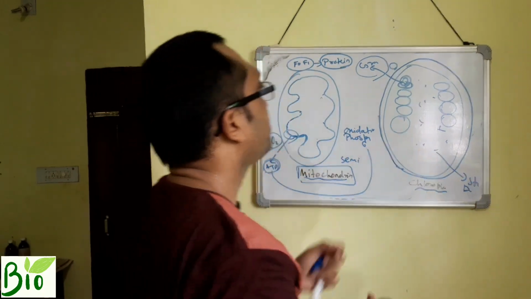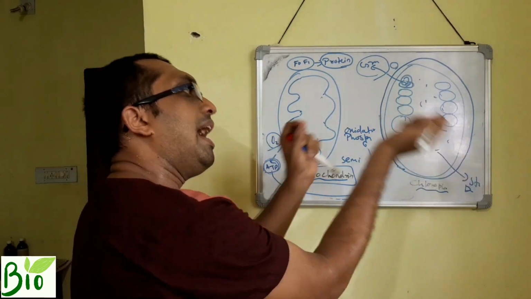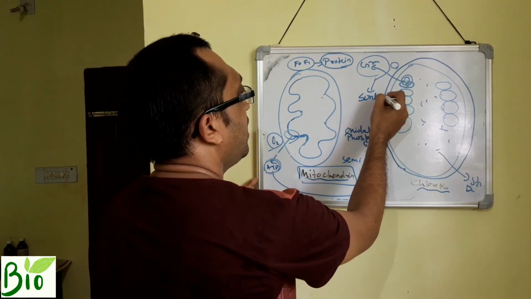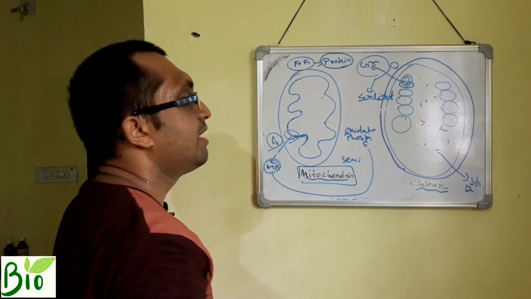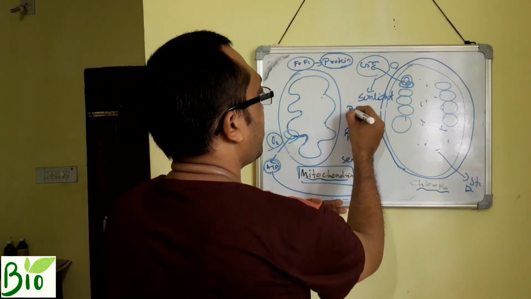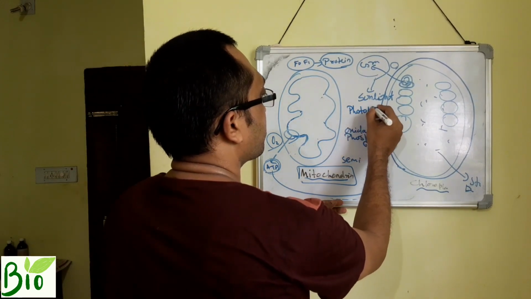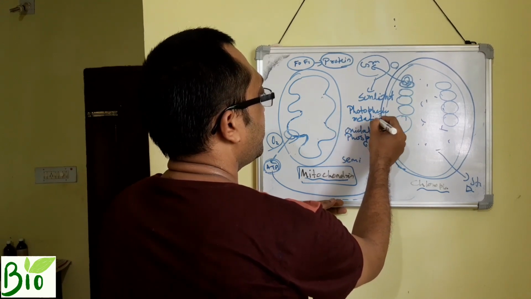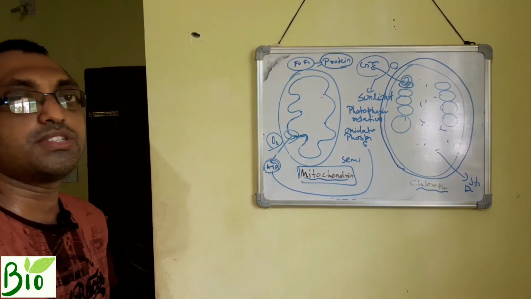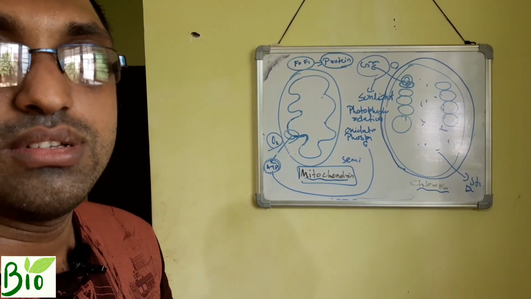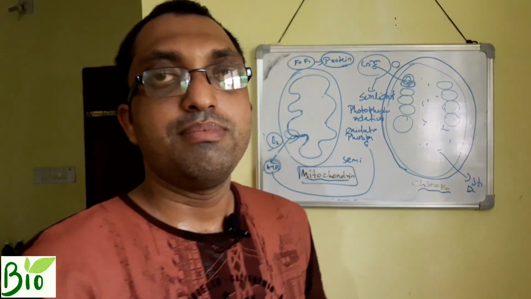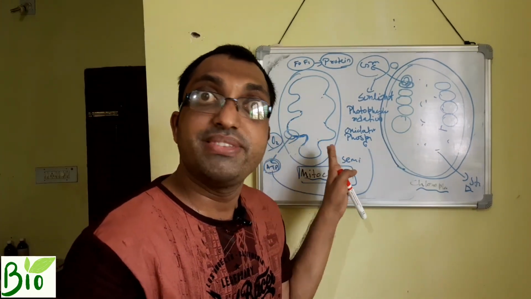And here Pi is added to ADP in the presence of sunlight, so it is called photophosphorylation.